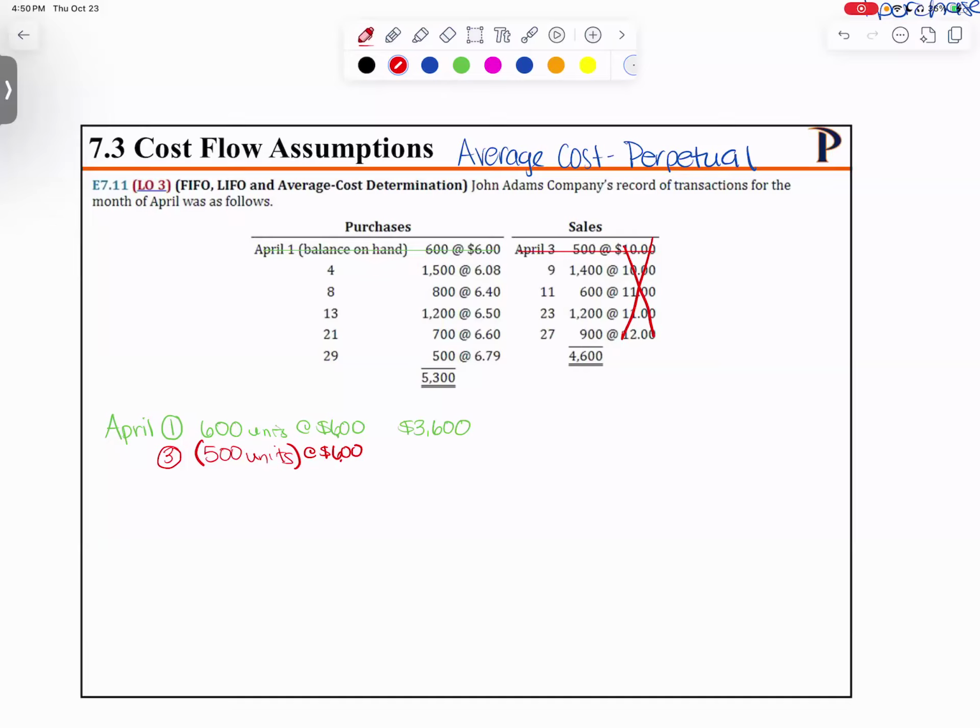If we take 500 times $6, we should get 3,000. And so if we recalculate our inventory after this sale, we'll have 100 units at a value of $600. So that equates to $6 per unit.